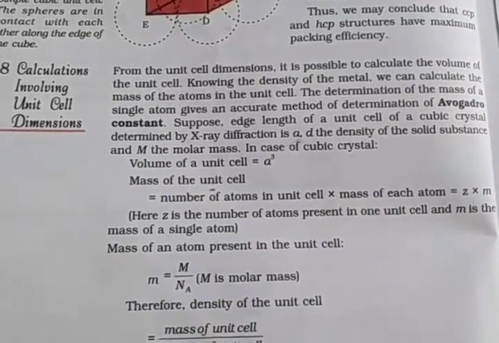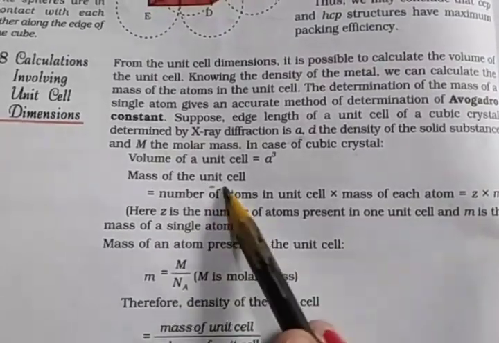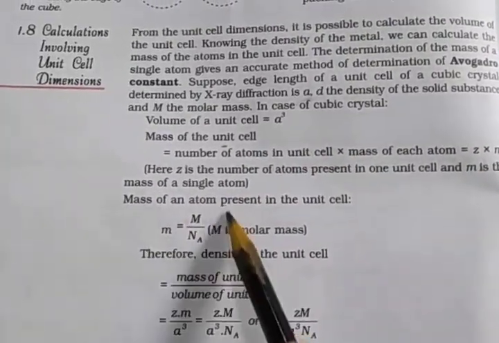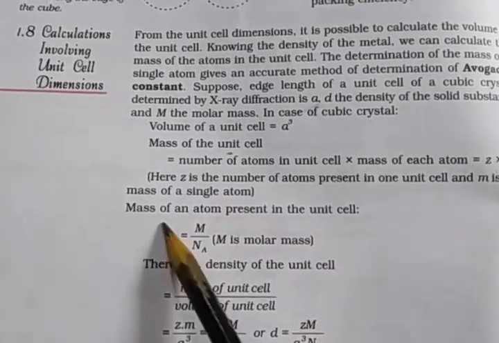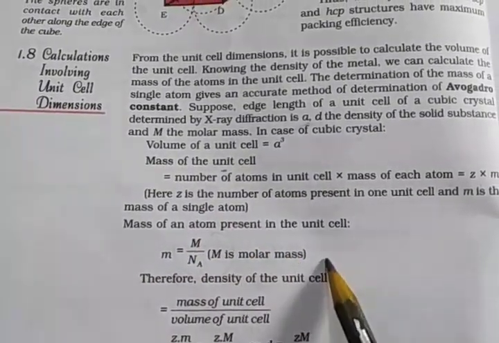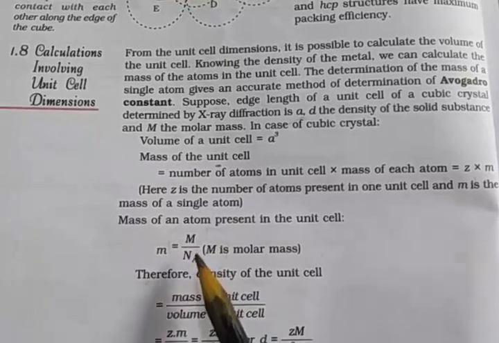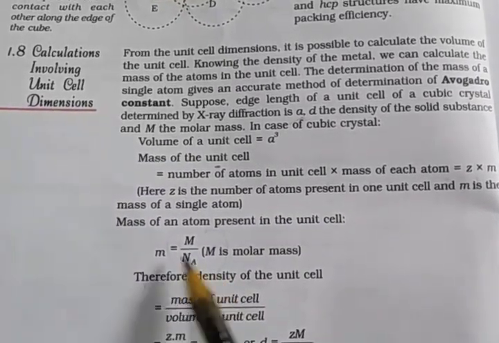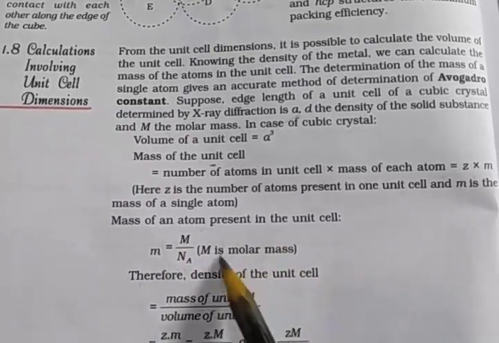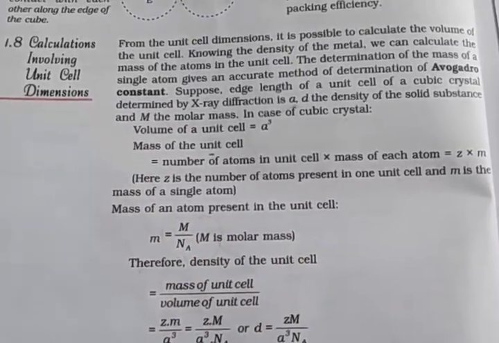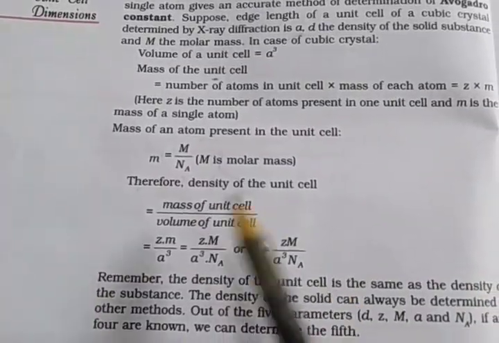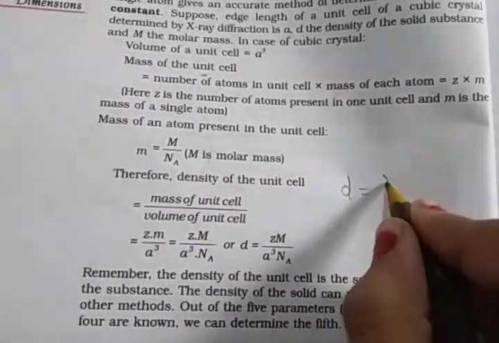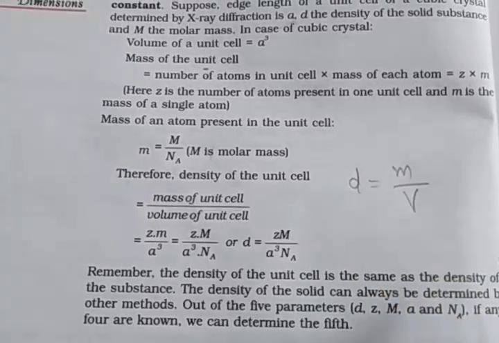Then m, the mass of an atom present in the unit cell, is determined by the formula m = M divided by N_A, where M is the molar mass. Then density is determined by the formula d = m divided by V.